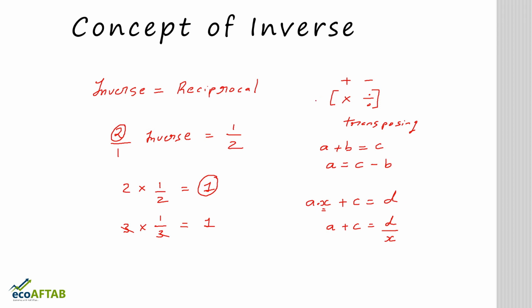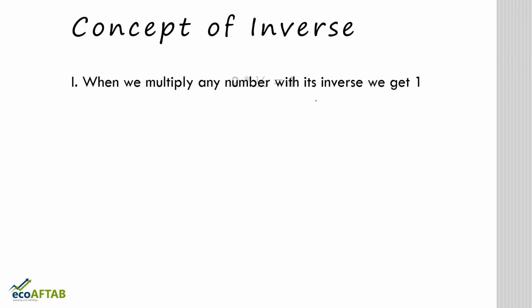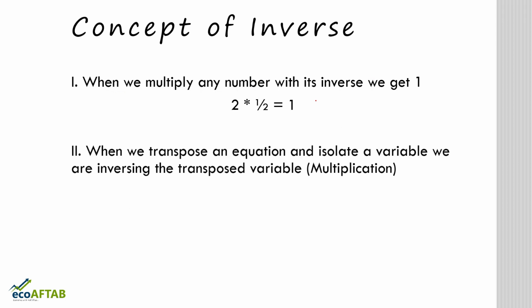So with this background, friends, we shall try to understand what inverse is. Here 2 multiplied by its inverse is going to give us 1, and similarly when we transpose an equation and isolate a variable, we are inverting the transposed variable. I have given you an example: if we have a into x is equal to z, then what is x?